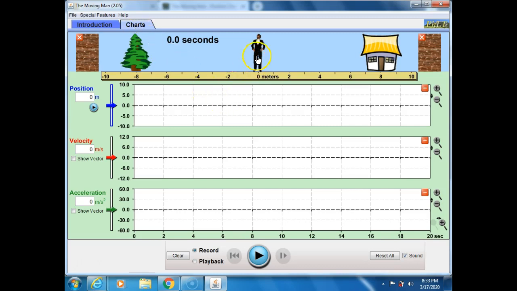Now, what you're going to do is put your cursor on the man, and what I suggest doing is, you can start and go in either direction, but I want you to go back and forth with the man. Okay, I hold down a button, but anyway, however you do it, go back with the man, and you see him moving this way.